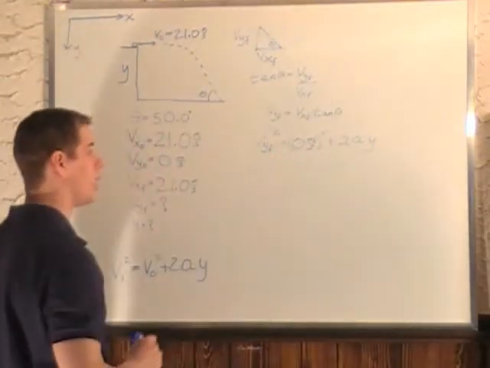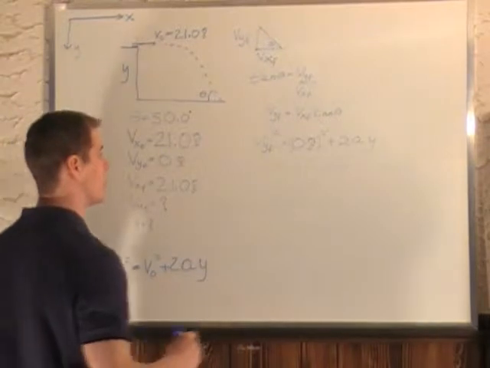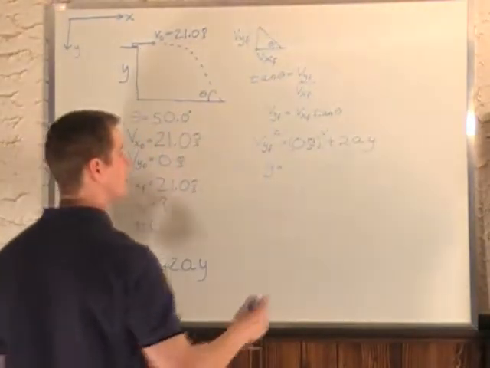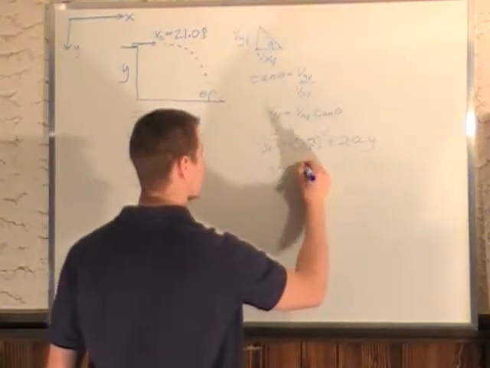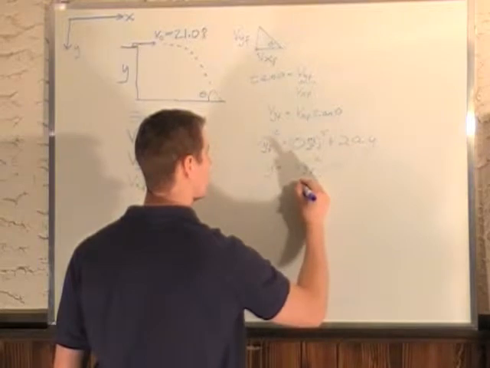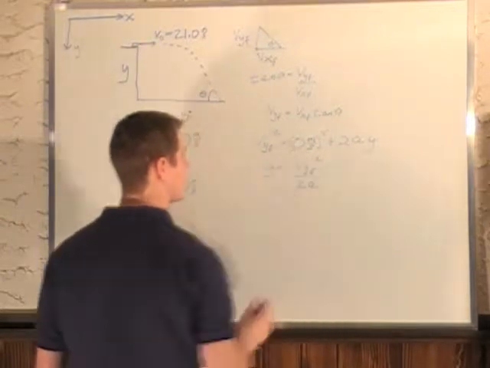And we're just looking for y. So let's solve this now. We can say y equals, basically I just divide 2a over, so I have Vy final squared over 2 times acceleration.